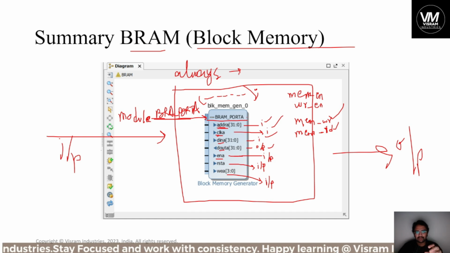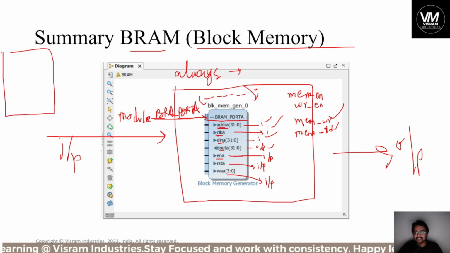And then one always block for pointers. What should the pointers do? On the write enable command, the write pointer should increment. If read enable is 1, then the read pointer should decrement. So in this way, we are writing the entire Verilog HDL code in terms of blocks.